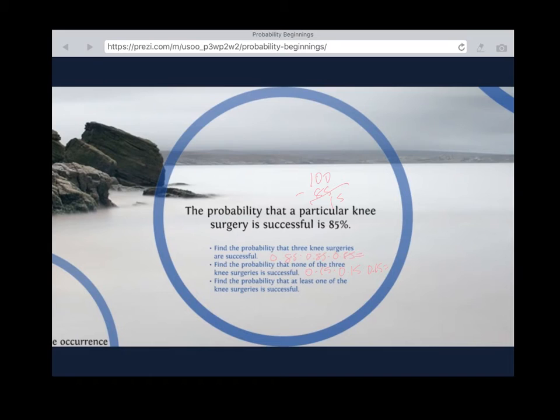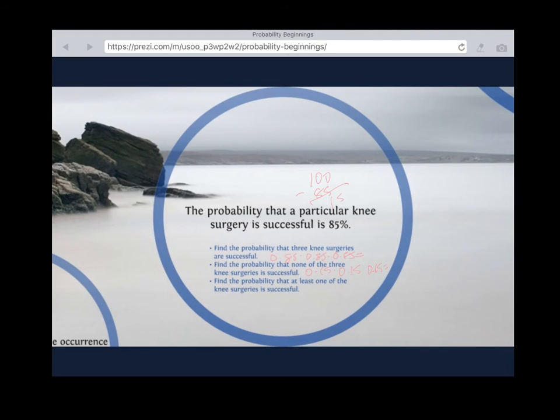Then find the probability that at least 1 is successful. At least 1, so meaning it could be 1 or it could be more than that, right? So basically, I want everything except for the first one. Or no, I could have the first one, right? Because I could have all three happening.